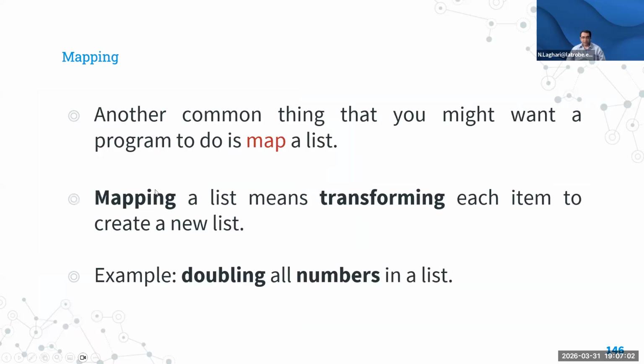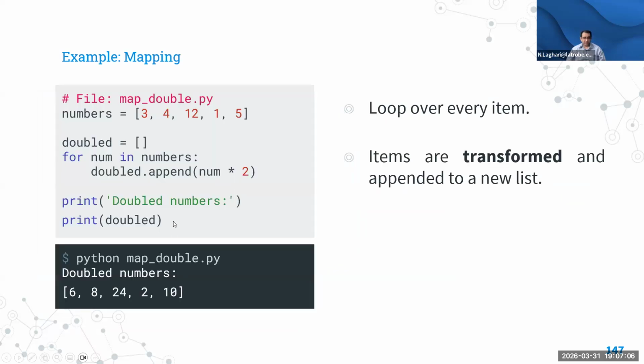Okay, another common thing that you might want a program to do is mapping. So let's see one example here. So mapping is when we have numbers and you want to perform an operation on all the members or all the items of that list.